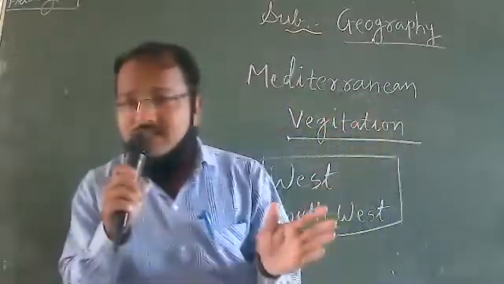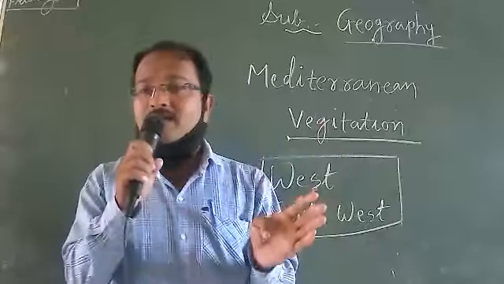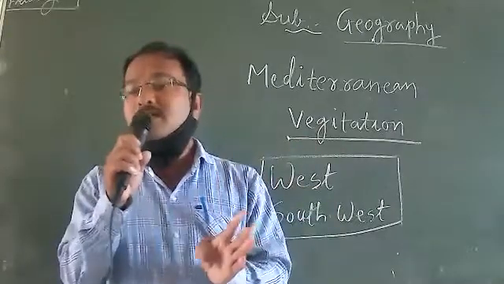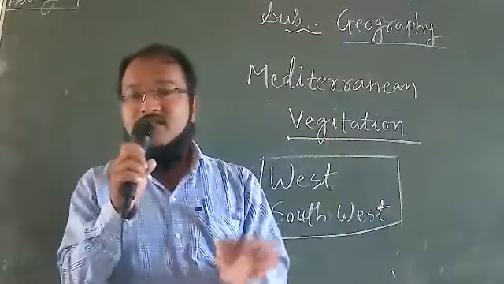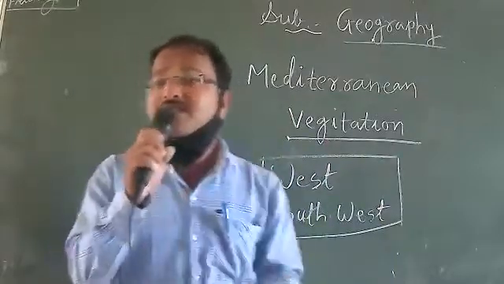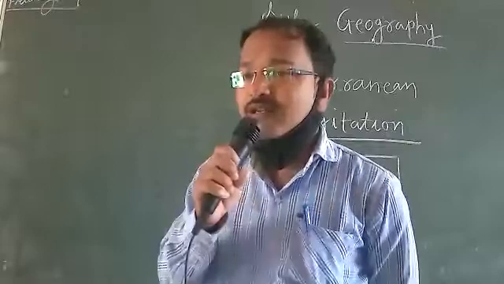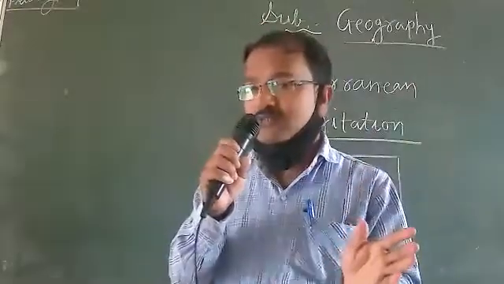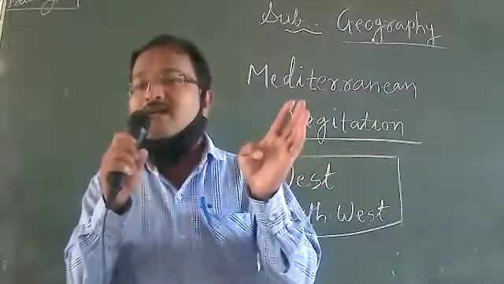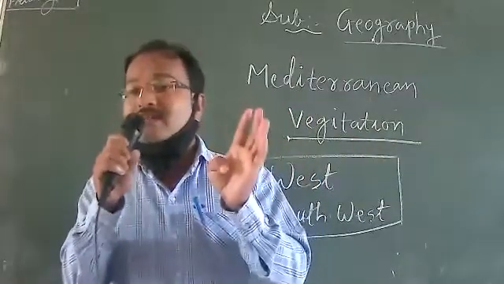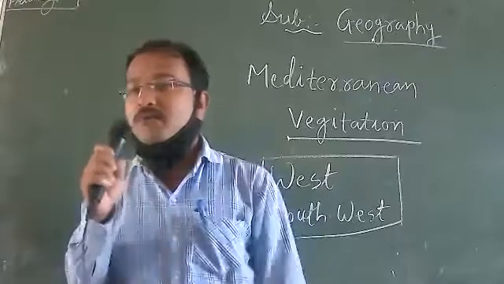These regions are marked for hot, dry summers and mild, rainy winters. What types of temperature are there? These regions are marked for, first, hot and dry summer, and second, mild, rainy winters. These are the important points.